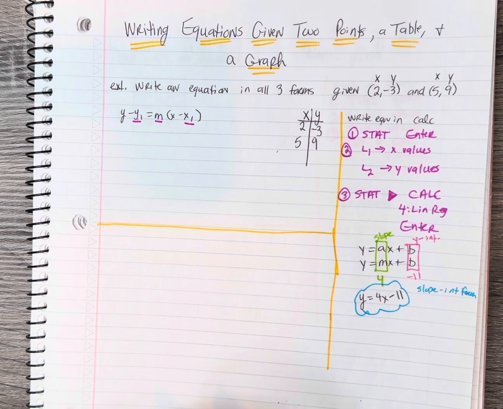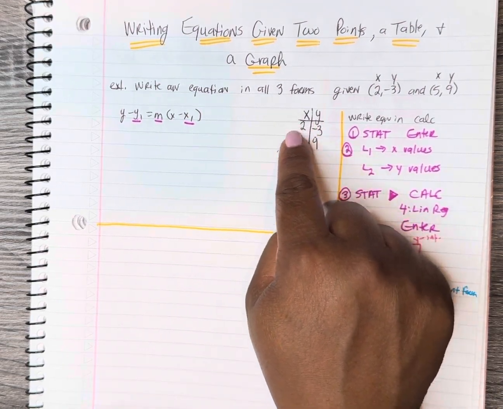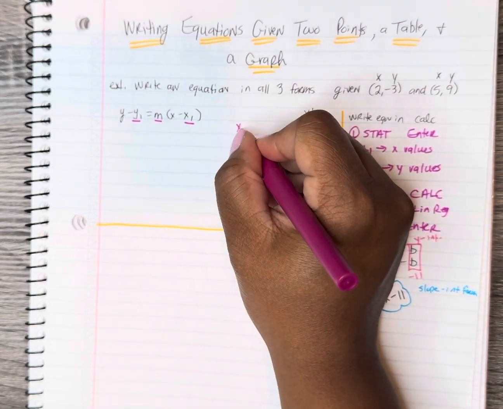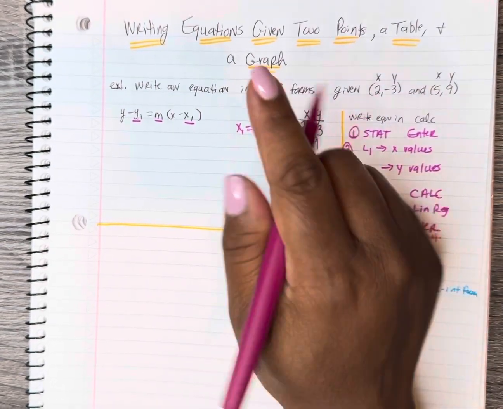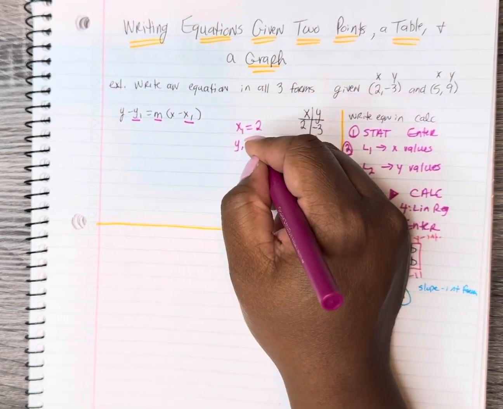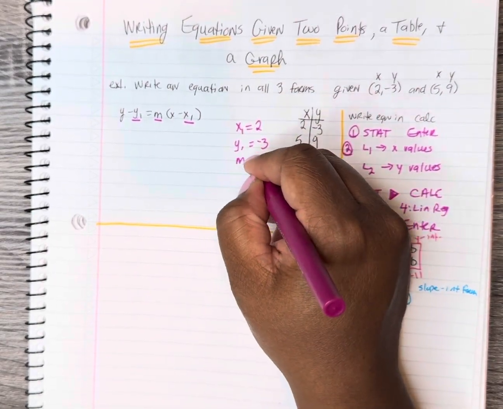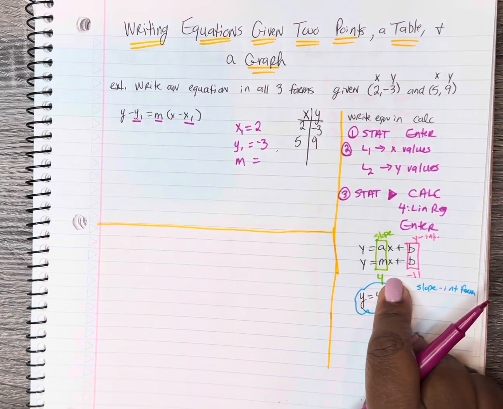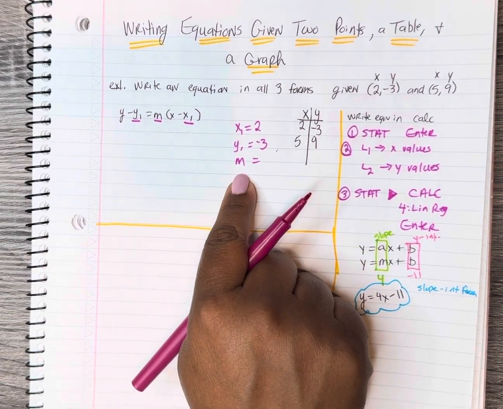Now our x1, y1, we really can just choose this first point and let that help us to find our x1, y1. So x1 here would be 2. And our y1 is -3. And m, we're going to use the equation that we found in the calculator. It told us that the slope was 4, so we're going to use that here.